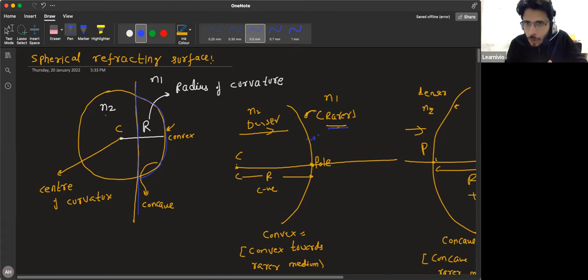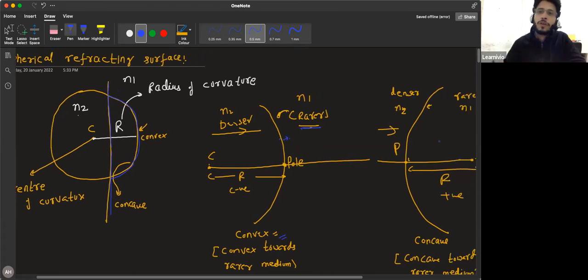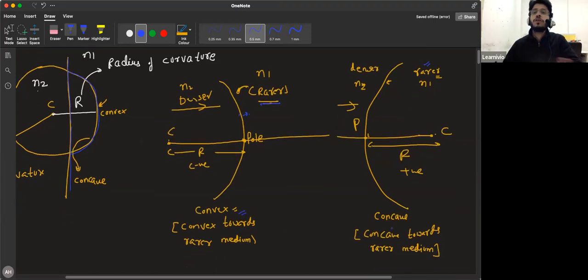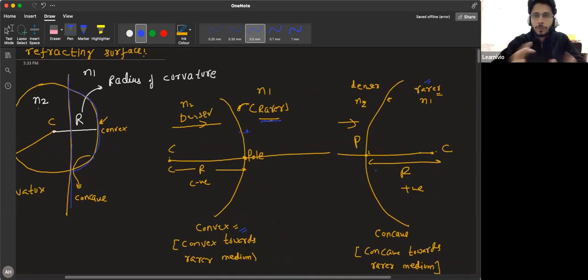In the other example, the face towards the rarer medium is concave, so we call it a concave refracting surface. So we will deal with these two types of surfaces.